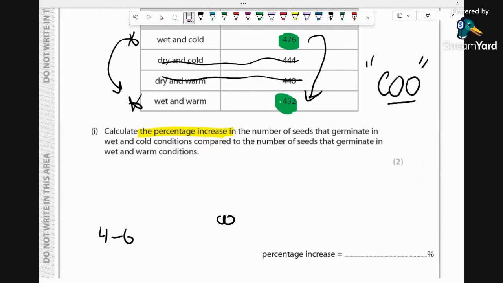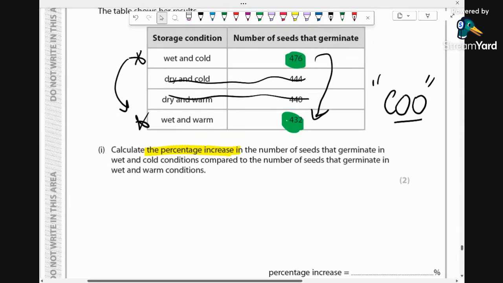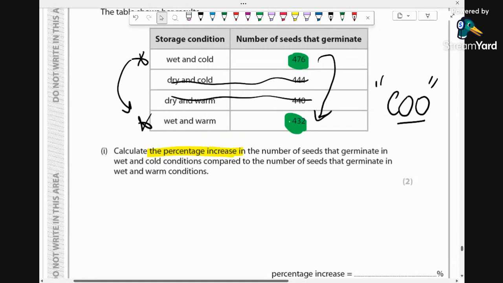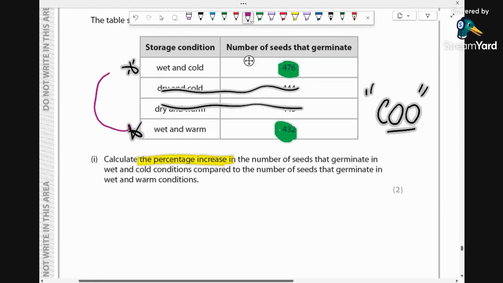Change over original. I think I got a weird answer, which doesn't make sense. A minus number, which it shouldn't be. Calculate the percentage increase in the number of seeds that germinate in wet and cold conditions. Oh, done it the other way around. Right, there you go. I knew something had gone wrong. Go that way.